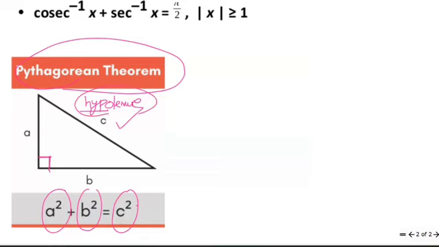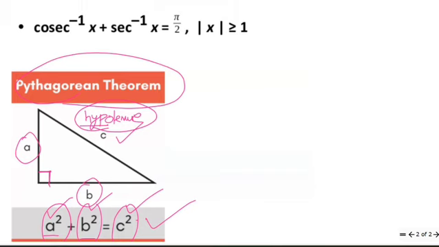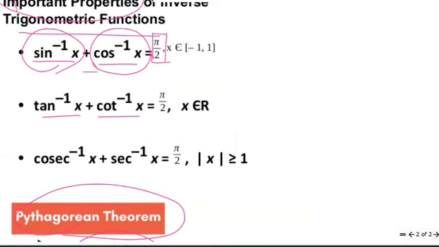The square of the hypotenuse is equal to the sum of the squares of the other two sides, which are represented as a and b. We are going to use this theorem and implement this property in our given question so that we can easily find the option.